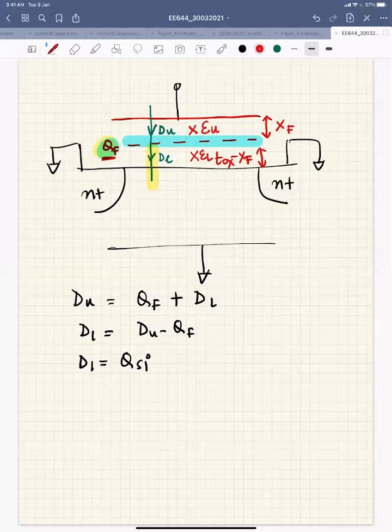Since there are some negative charges in the middle, at some place in the oxide, the electric field will not be constant. It will change, and we'll have two electric fields, one on top of QF and one on the bottom of QF. Let's say these are EU and EL.